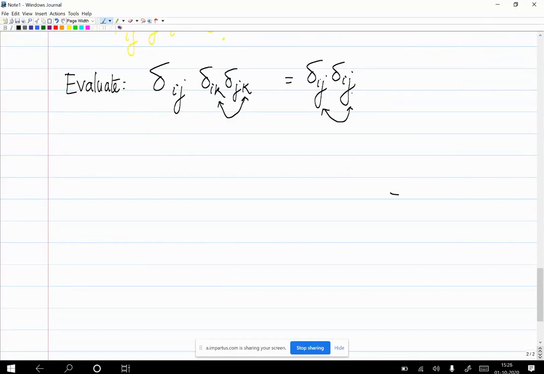So that repeating index is going to be replaced with i, and this becomes delta ii. Okay. So what is this equal to? If your i goes from 1 to 3, then it becomes equal to 3. Okay, very simple example.